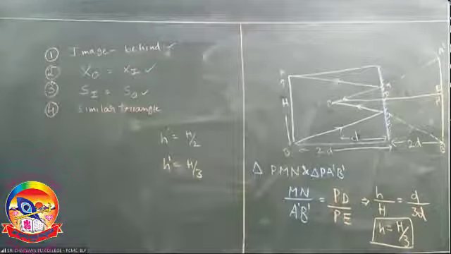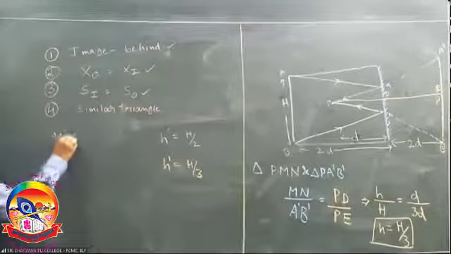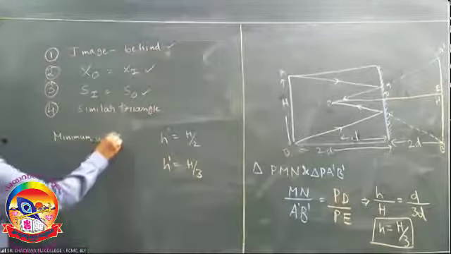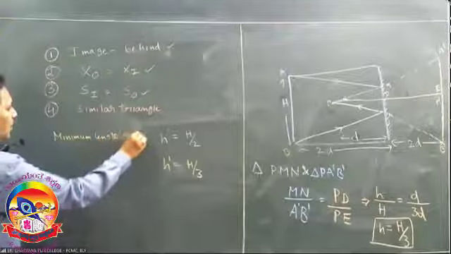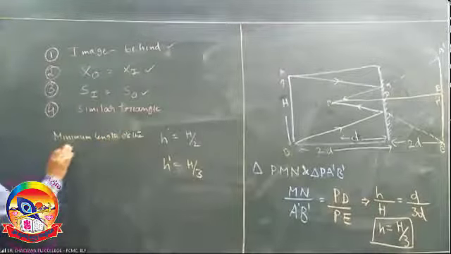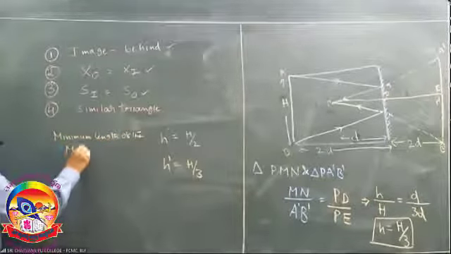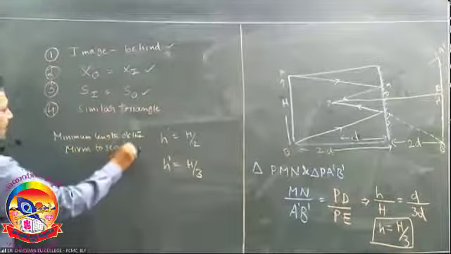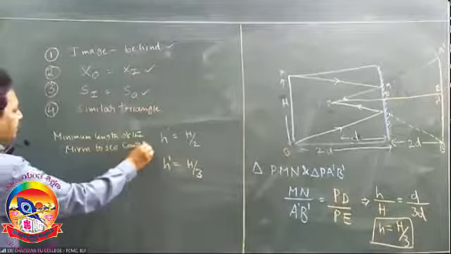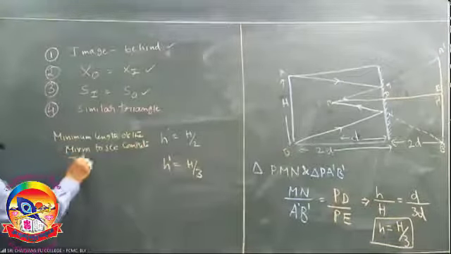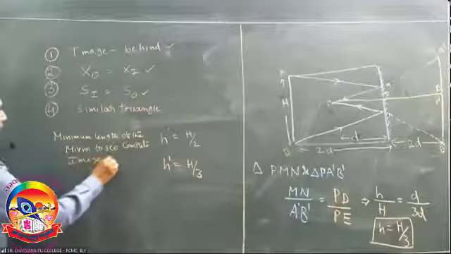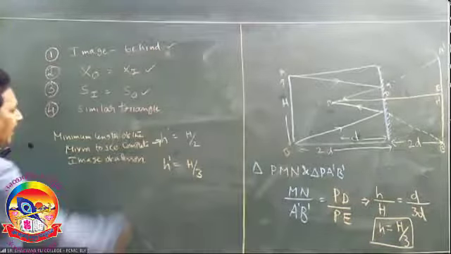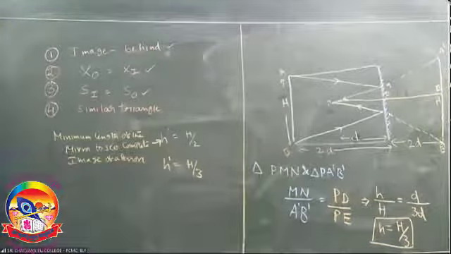The first: the minimum length of the mirror to see the complete image of a person is h by 2.